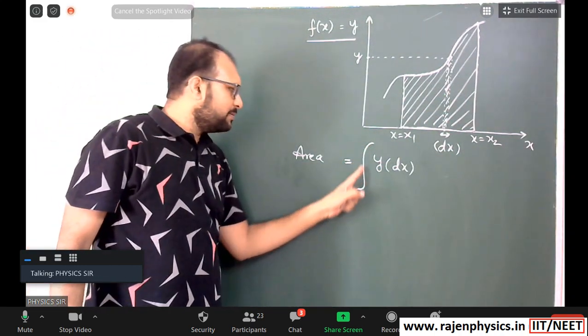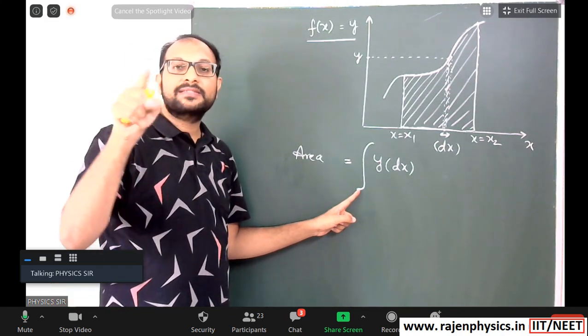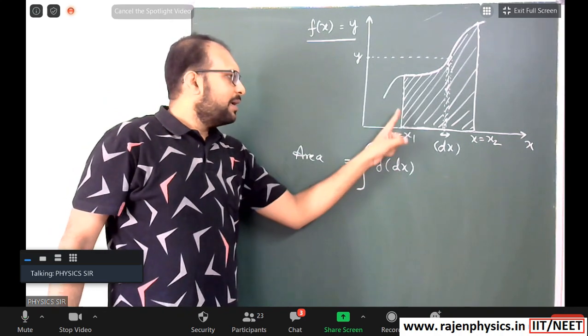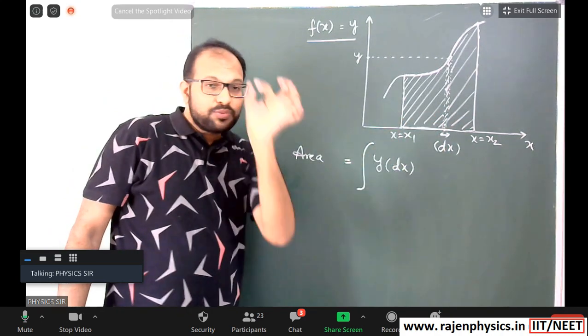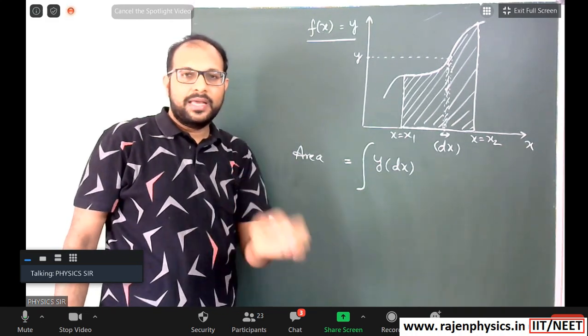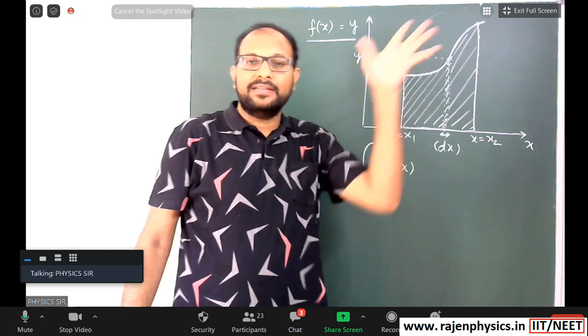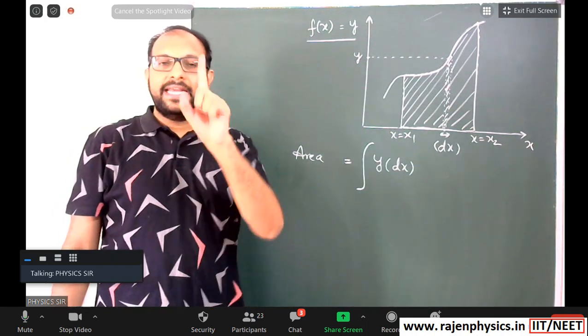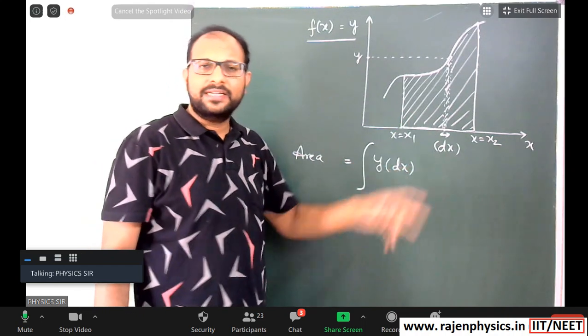Students, it is in the form of S. S means sum. This is the total area we need. You can draw more rectangles of this type from here to here. Suppose each rectangle has area A1, A2, A3, A4 like that.